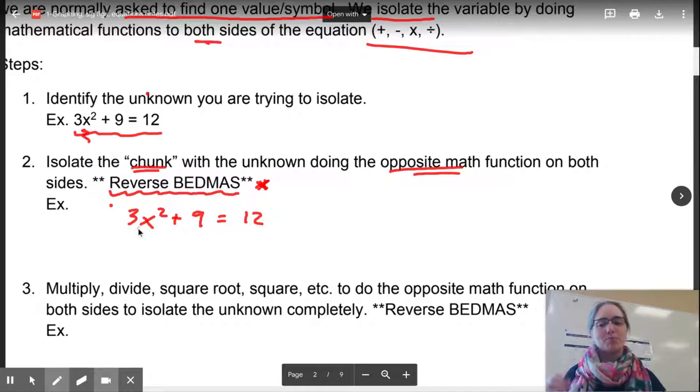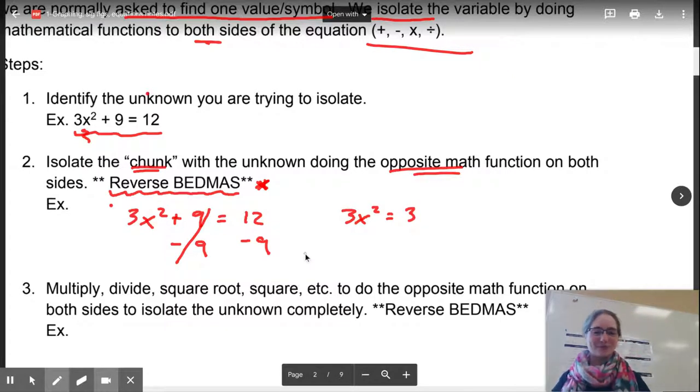When you have a number bumped up against that x, that's multiplying, and this squared is the exponent. So I need to isolate the chunk, get that x alone. Reverse BEDMAS, subtract the 9 from both sides. Plus 9 minus 9 cancels. What you do to one side, you do to the other. So I am left with 3x squared equals 3.